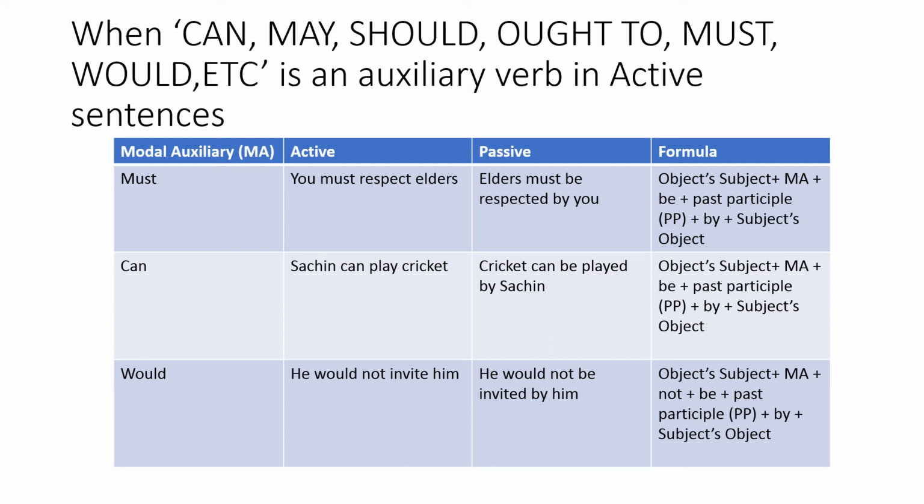If you understand the first one, the rest of the things will remain the same, except in case of must, if the modal verb is can, you put can. If the modal verb is should, you bring should. That's it. Now if you see the next sentence, it is the same. "Cricket can be played by Sachin." But the thing here is I have brought can instead of must.